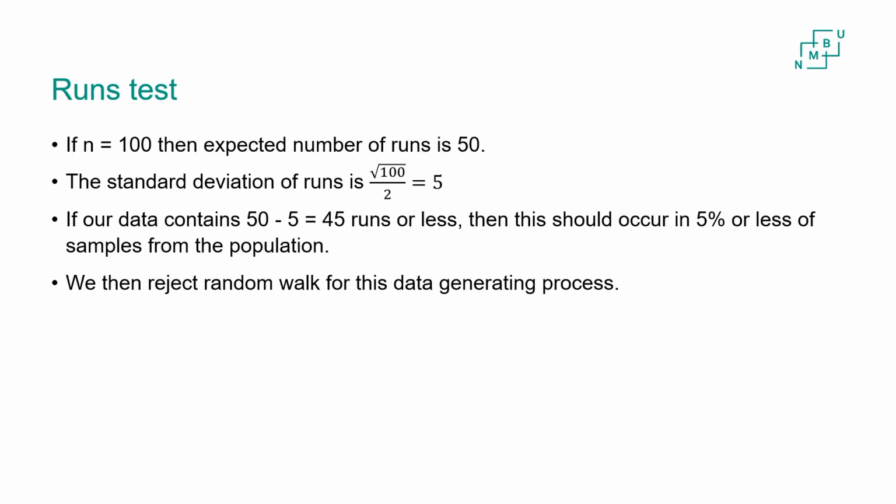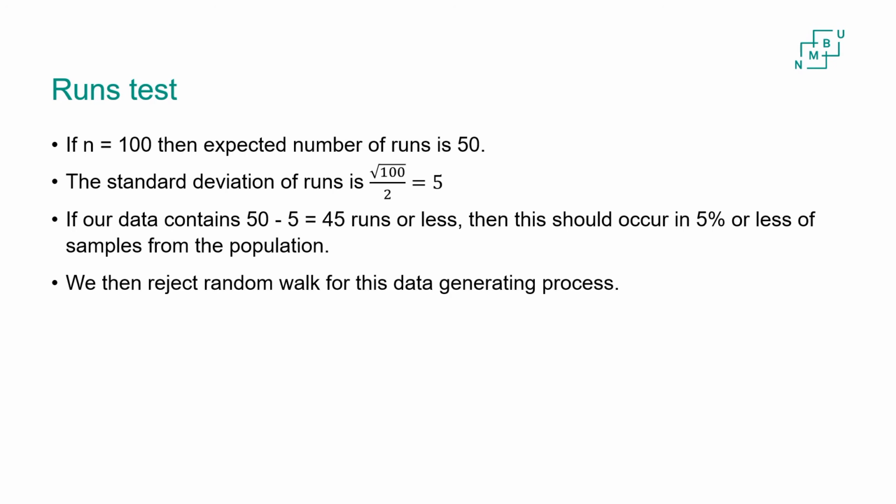And here we have an example. So if you have 100 data points, then the expected number of runs is 100 divided by 2, which is 50. So the standard deviation of runs is the square root of 100 divided by 2, which is 5.